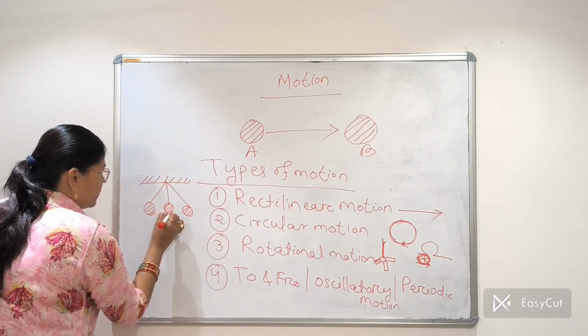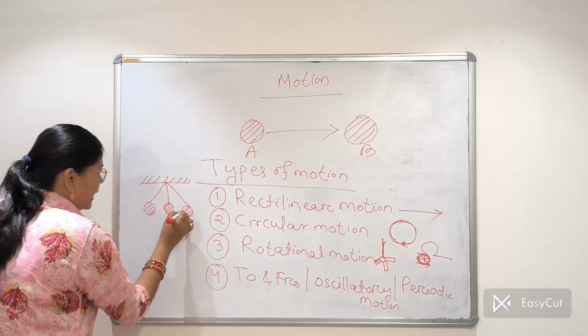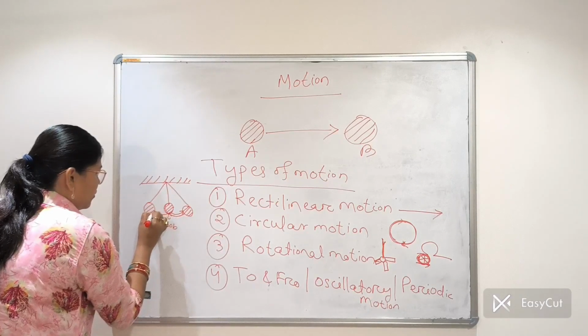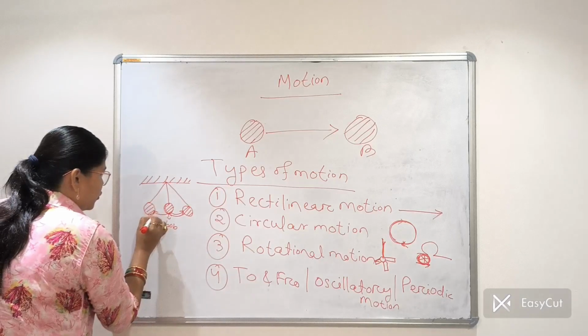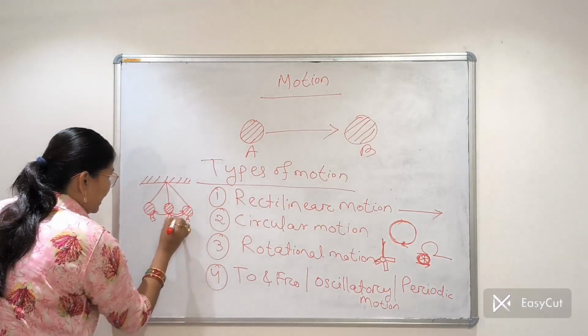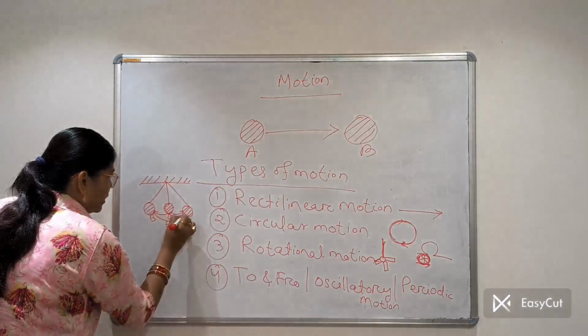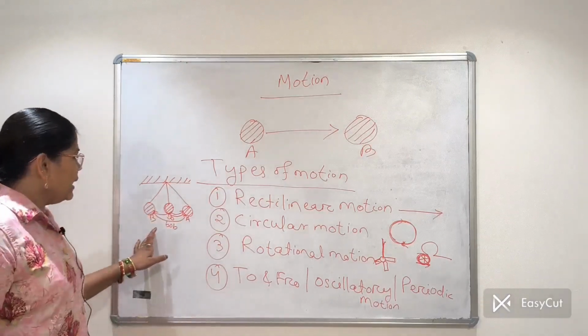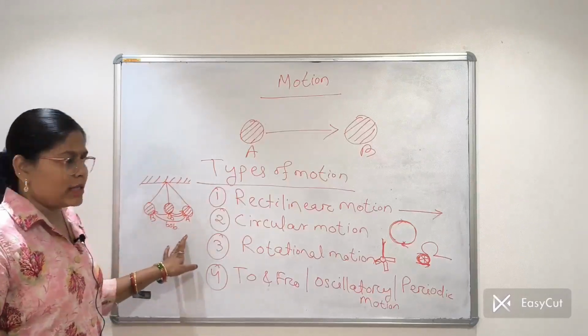So, when the motion is like this, it moves to position B, here O, here A, and again it comes to A, then we can say that it completes one oscillation.